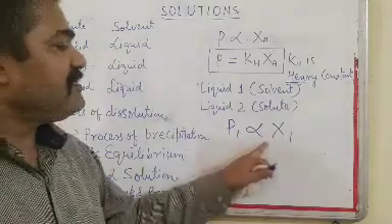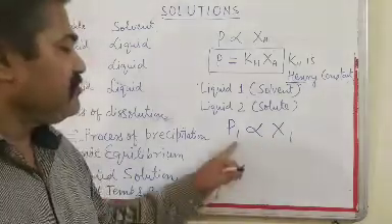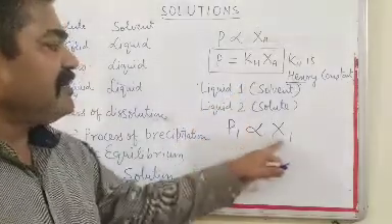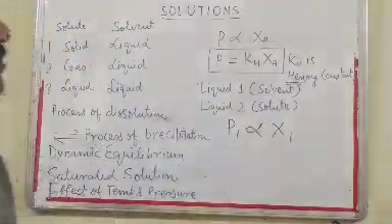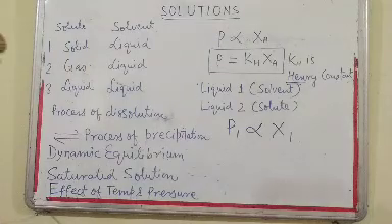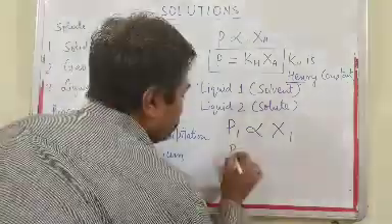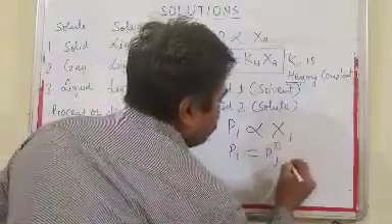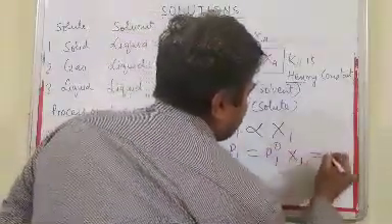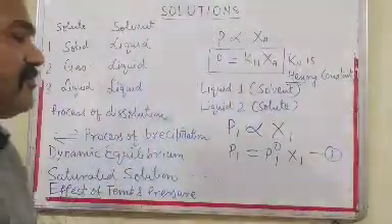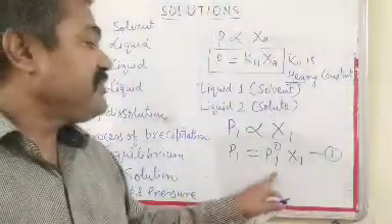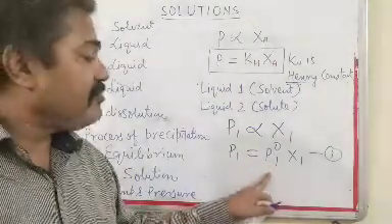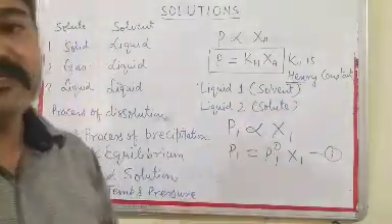So P1 is directly proportional to X1, where P1 is the vapor pressure of the solvent and X1 is the mole fraction of the solvent. On removing the sign of proportionality, this is P1 = P01 X1. That is equation number 1. This P01 is the constant, the vapor pressure of the solvent in pure state.